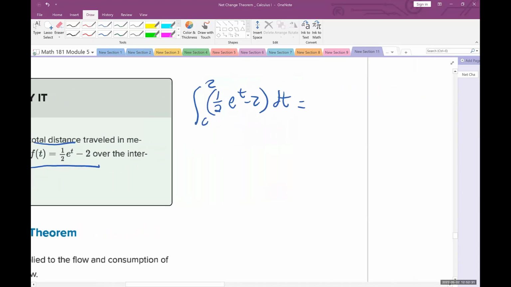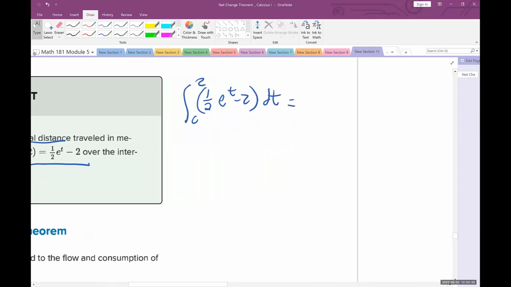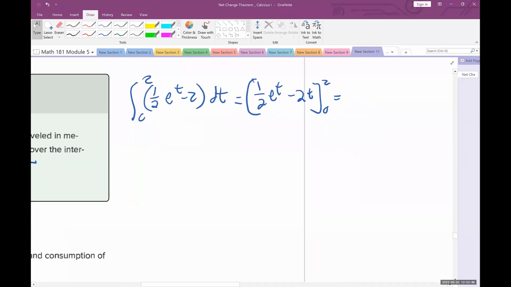And so we're going to have 1/2 e to the t minus 2t from 0 to 2. So it's going to be 1/2 e to the 2 minus 2 times 2 minus the quantity 1/2 e to the 0 minus 2 times 0.